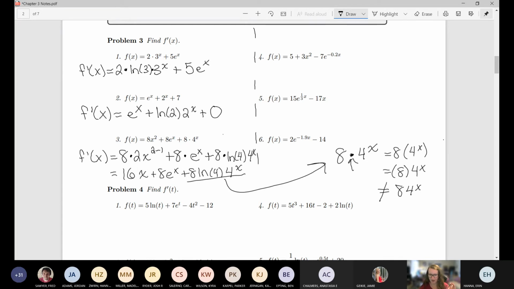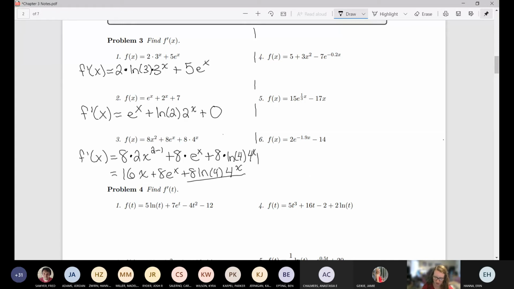So be really careful when we have these a to the x terms. You need to split it up and make sure it remains separated in a way that I know it's separated. Anyway, since there's that natural log of 4 in the middle, that natural log piece is what makes it separated, so I didn't need anything else there. But anyway.